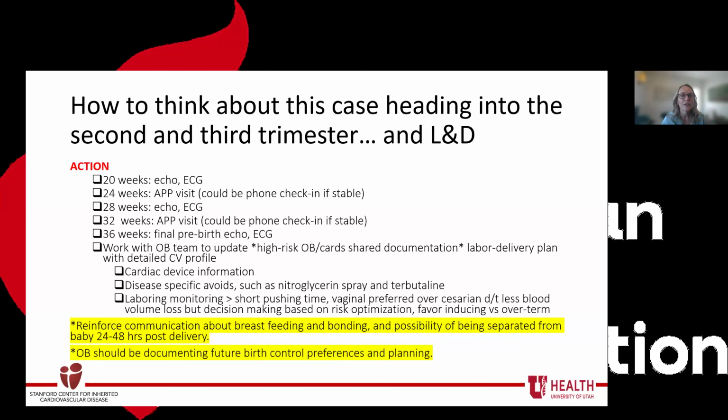as soon as possible. And then heading into the second and third trimester and into labor and delivery, this is a checklist that obviously needs to be very dynamic based on how mom is doing. But essentially, again, we have every 4 weeks a touch point, and every 8 weeks update the imaging and arrhythmia evaluation.